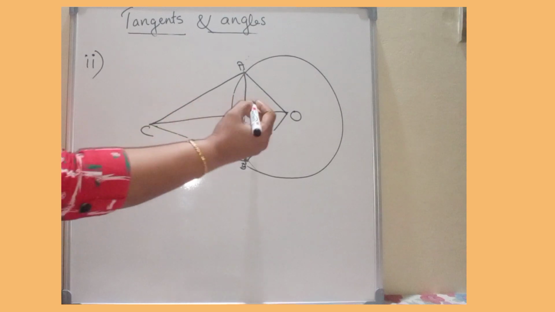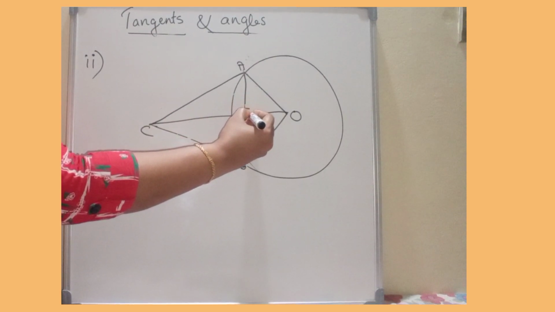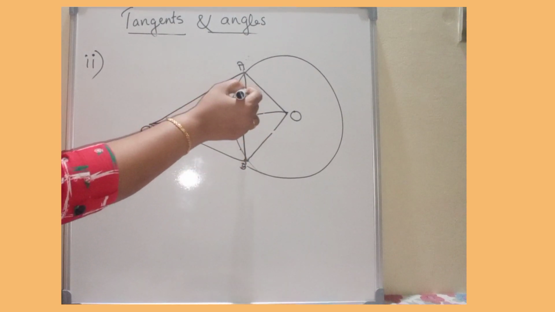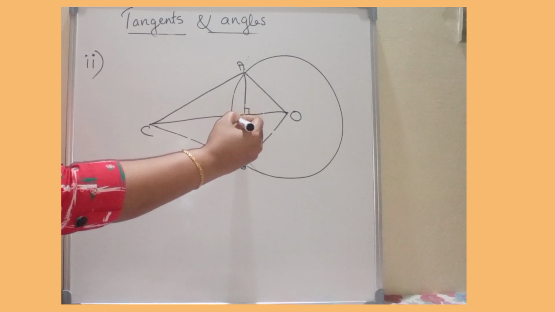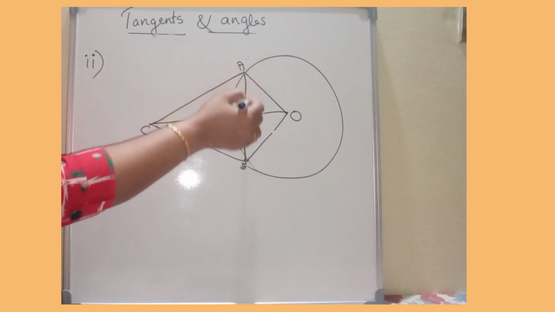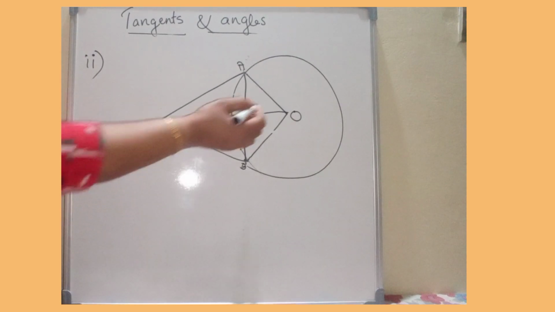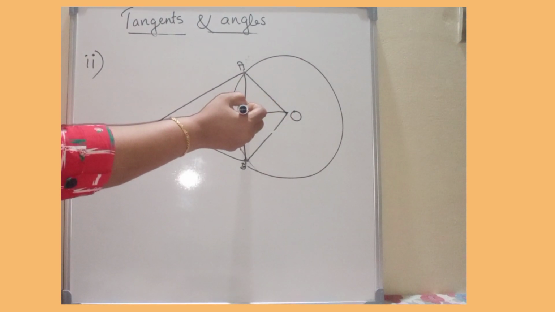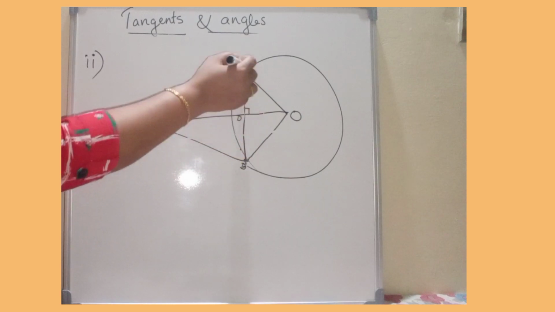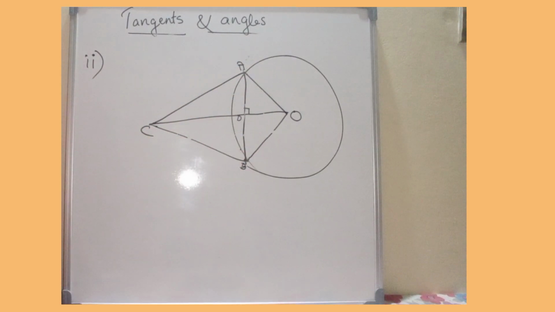Okay, that is, we need to prove that this angle is 90 degrees, and one more thing, if we take this point as D, we need to prove that this AD and this BD are also equal. That is, this angle is 90 degrees and similarly AD and BD are equal.